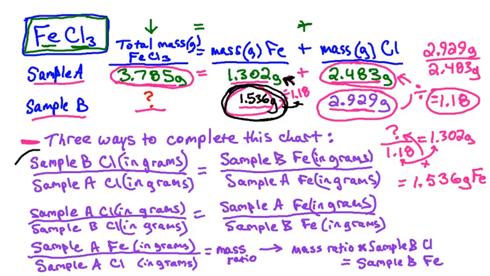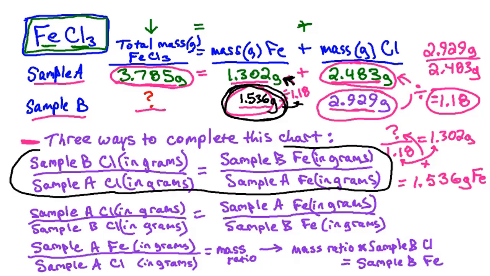And that's our first way to solve this, which is written down right here. If you take sample B of chlorine in grams and divide it by sample A of chlorine in grams, that is going to equal the same amount as if you were to take sample B's amount of iron in grams and divide that by sample A's iron in grams. They're going to equal each other.